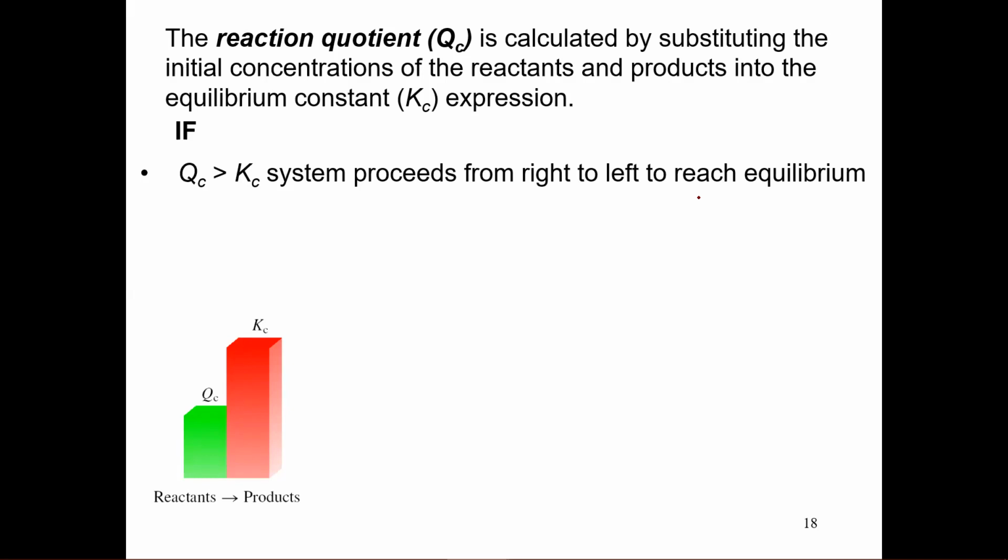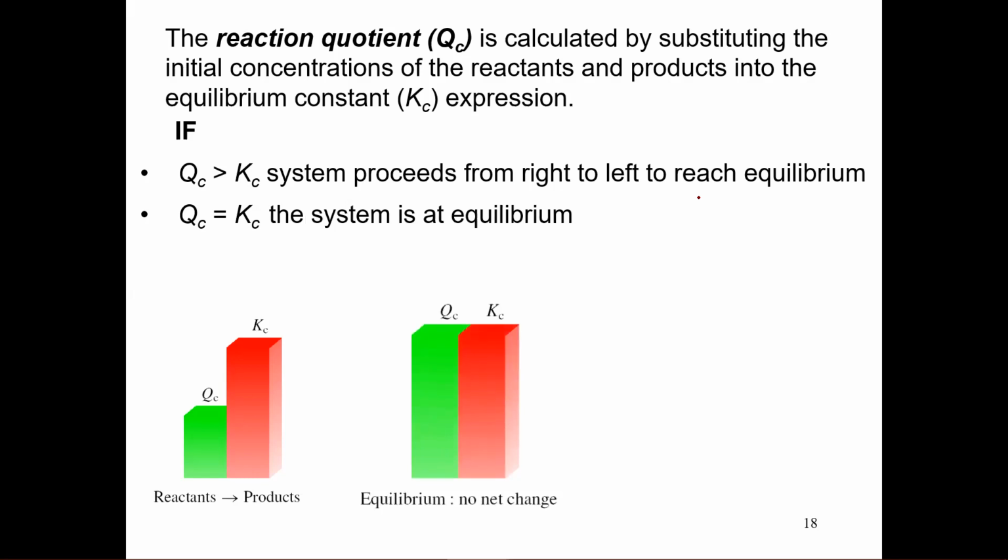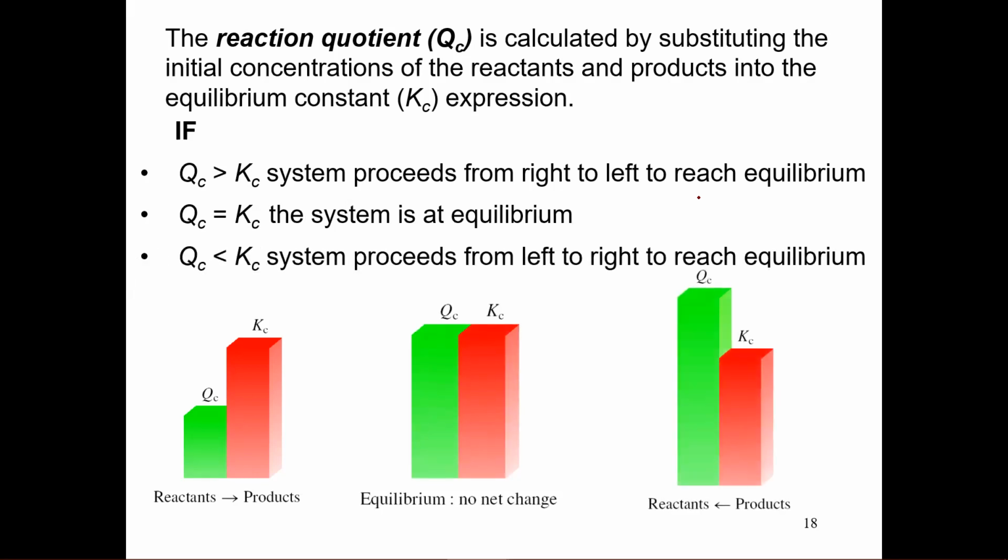Essentially, if Kc is greater than Qc, it'll go to the products. If Qc is greater than Kc, it'll go to the reactants. If it's at equilibrium, they'll be equal. And if Qc is less than Kc, the reactants go to products. So essentially you've got the two different relationships between both.